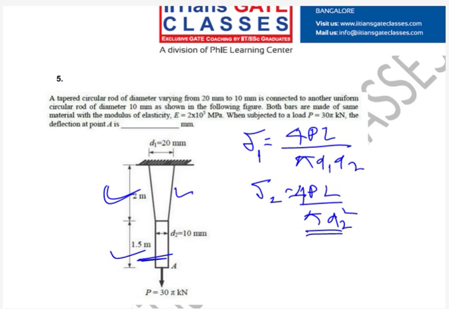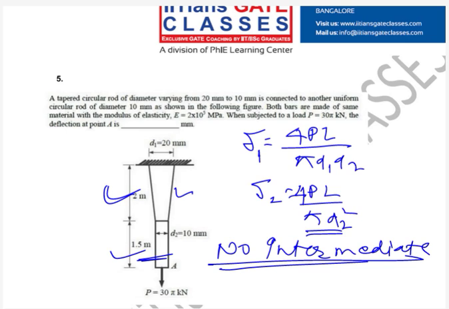Now tell me guys, for this problem, what is the reaction throughout section 1 and section 2? Is your reaction force changing? No. Why no? Because there is no intermediate load.